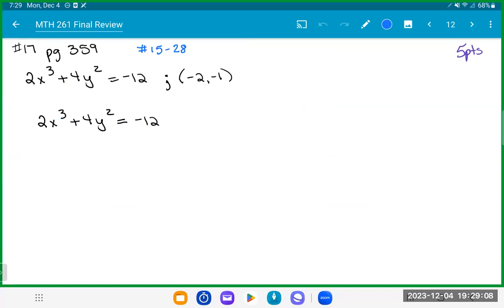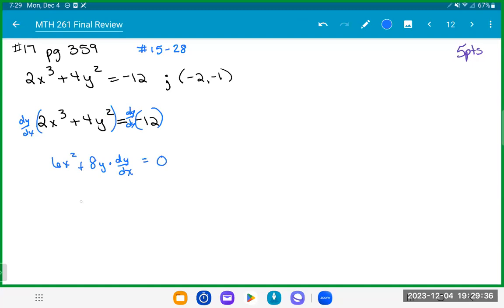For this next one, let's take the derivative of both sides. Okay, so we take the derivative of both sides. We end up with 6x squared plus 8y times dy/dx. Remember, we have to add that dy/dx when it involves the y, and that equals 0.